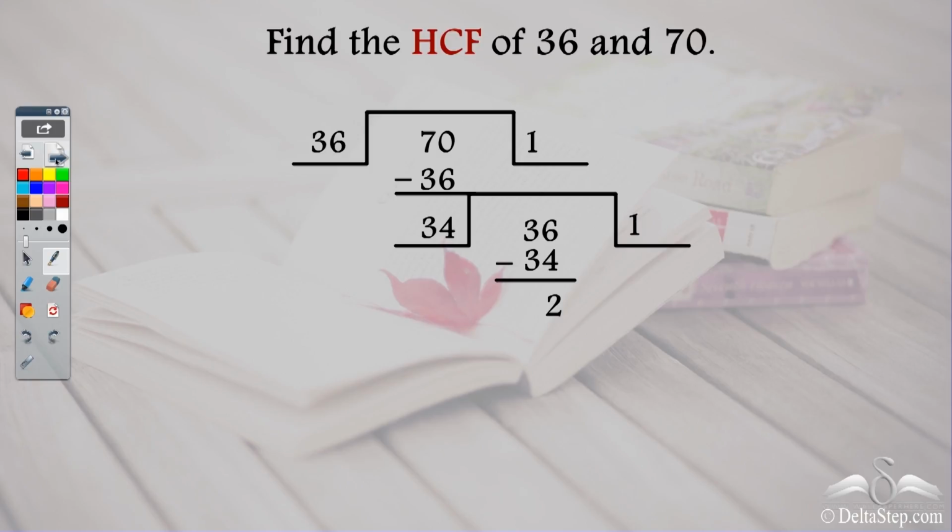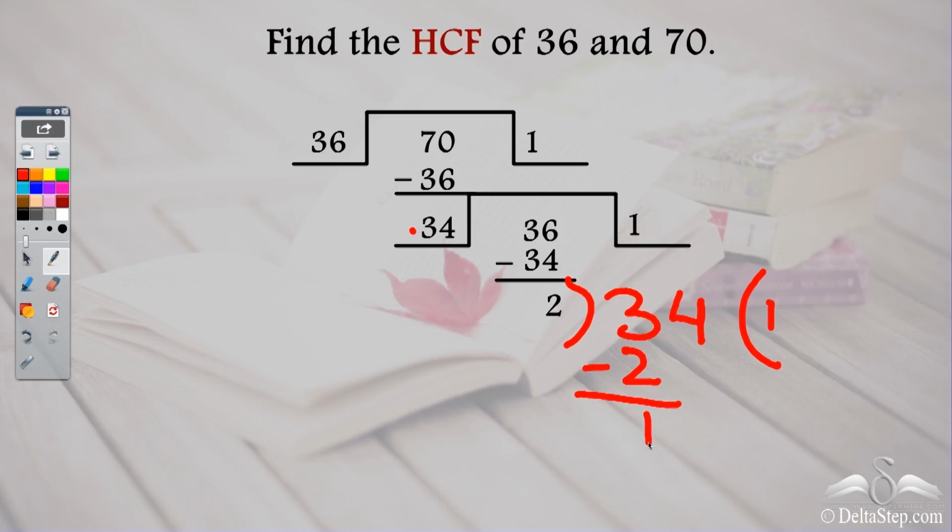Now once again I have a remainder 2. This remainder 2 will now become the divisor. So this is now the divisor. And this divisor will divide the divisor of the previous step, which is 34. Now 2 into 1 is 2.